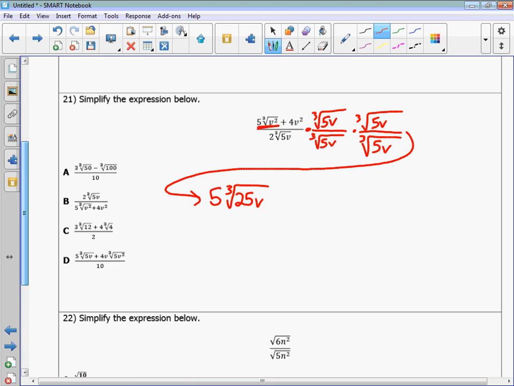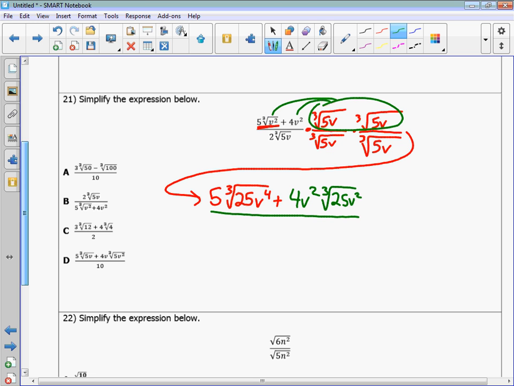Take both and multiply it to 4b squared, which again is just 4b squared cube root of 25b squared. All over. When you multiply 3 of the same cube roots together, it's just what's underneath the cube root. So 2 is from here, and then the cube root of 5b times the cube root of 5b times the cube root of 5b. You multiply in 3, you have a group of 3. So that's just 5b.